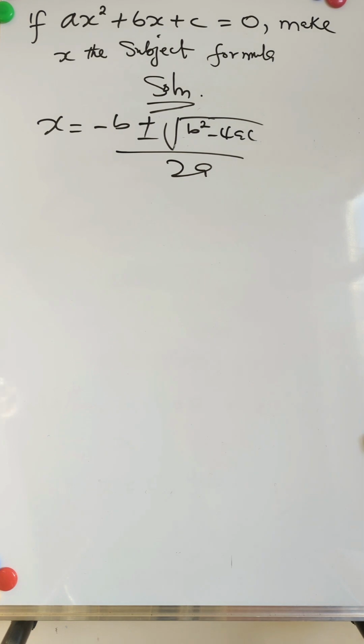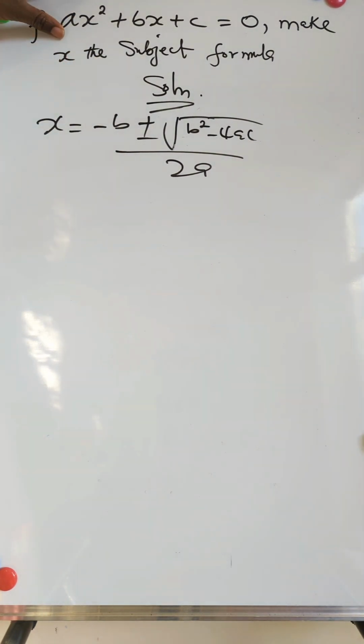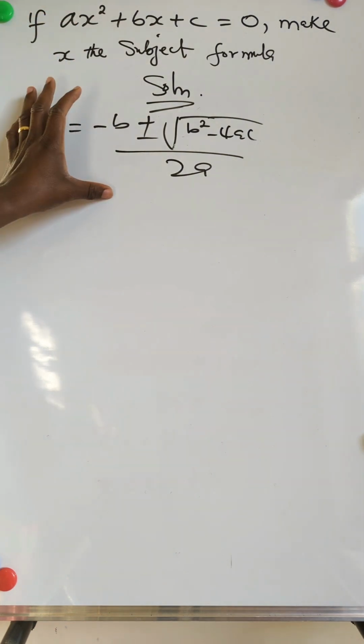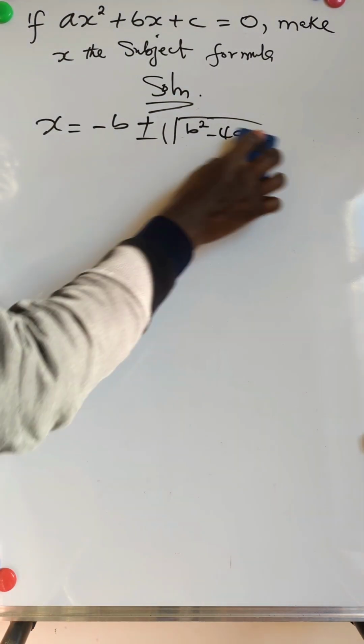This is the general formula. And this is exactly what we are trying to get here by making x the subject formula. So it's still the same approach of solving, completing the squares method. I don't know if I make sense. Now this is how to go about it.